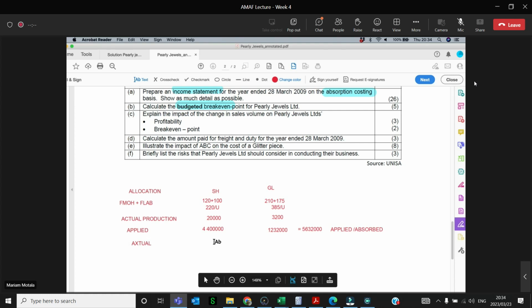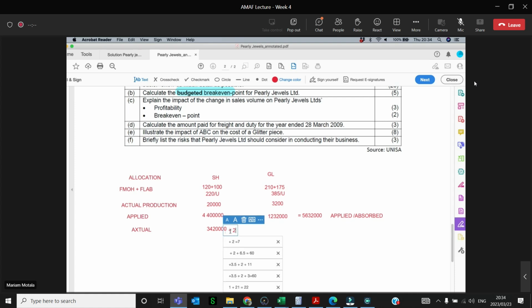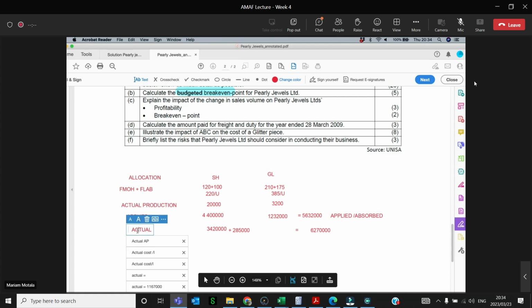We know that in 2009, for labor, it was 3,420,000, and for manufacturing overheads, it was 2,850,000. This total now comes up to 6,270,000. You see the actual is 6,270,000 and the applied is 5,632,000.